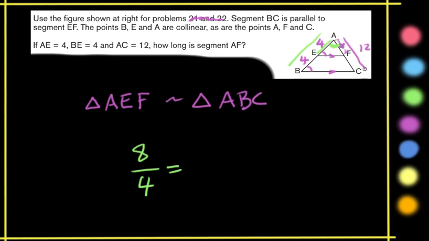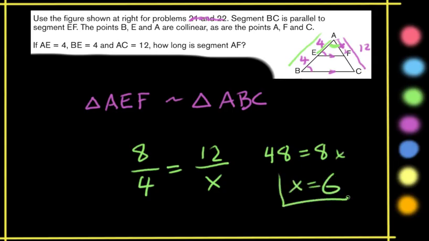So we've got 12 for the big triangle here, and then x. So it's going to be 12 divided by x. And if we multiply both sides by 4x, or in other words, cross multiply, we get 48 is equal to 8x. And that means x is equal to 6. So that's our answer on that one.